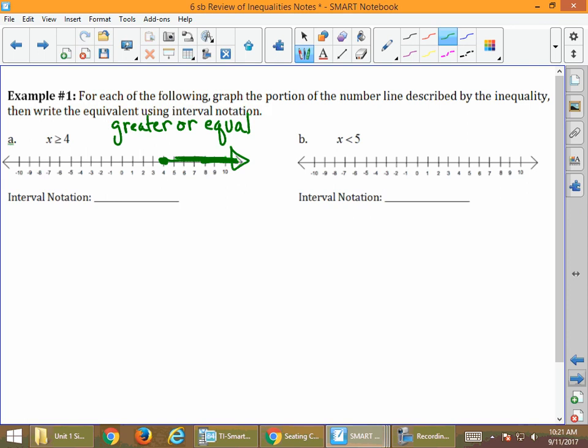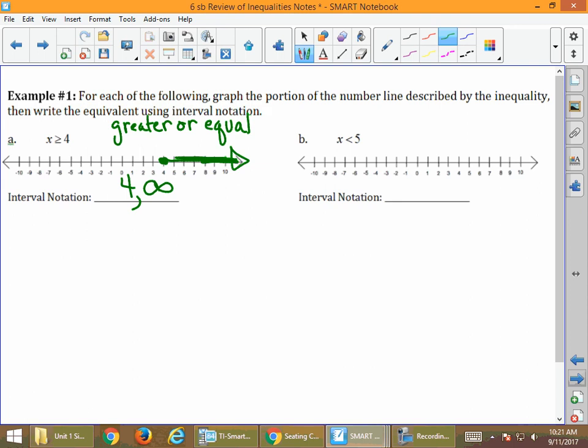It's the interval notation that may or may not be familiar to you. But what's going to happen on this one, in terms of writing it in interval notation, we started at 4. We're going to keep going forever and ever towards the right. That means that we're going to say that we're going to go to infinity.